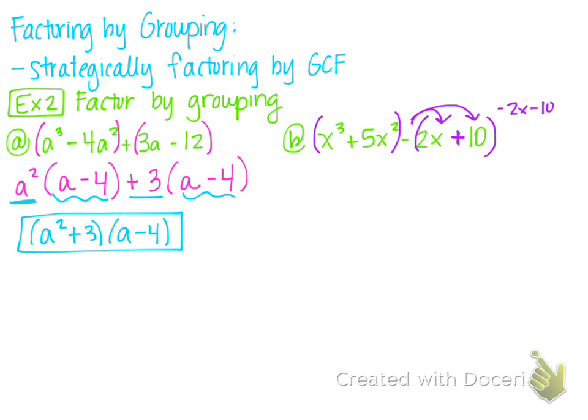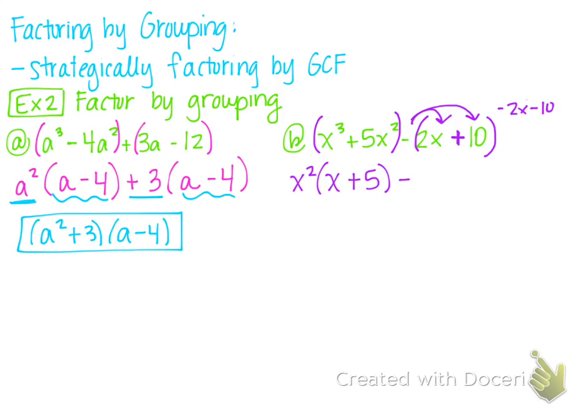Okay, so now we can carry on like we've been doing. We're going to factor a GCF out of both of these terms. The GCF out of the first term, there's no number, but they share x squared. X cubed divided by x squared is x, and then 5x squared divided by x squared is just 5. So we have our minus sign from here. Now, whatever we factor out, we want to get x plus 5.